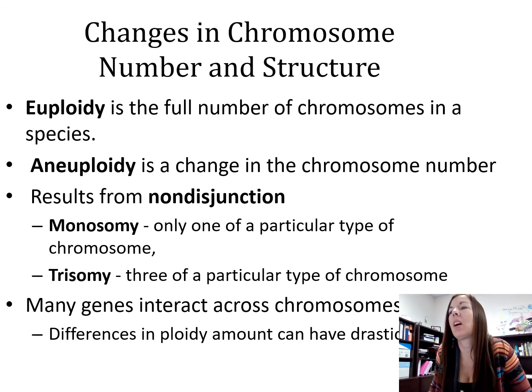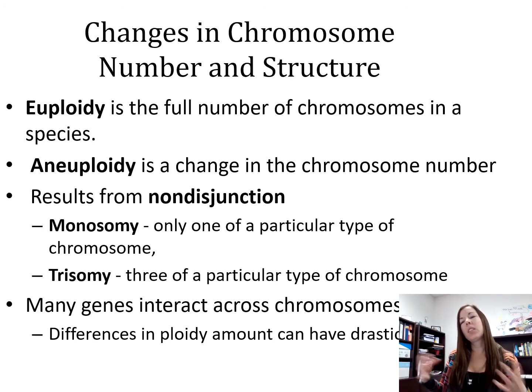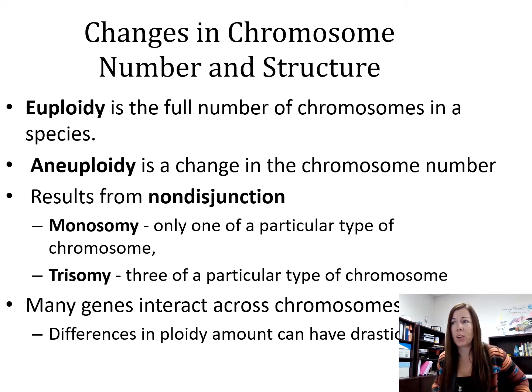So there are instances where sometimes there are changes in chromosome number and chromosome structure. So when you see euploidy, that's the full number of chromosomes in a species.